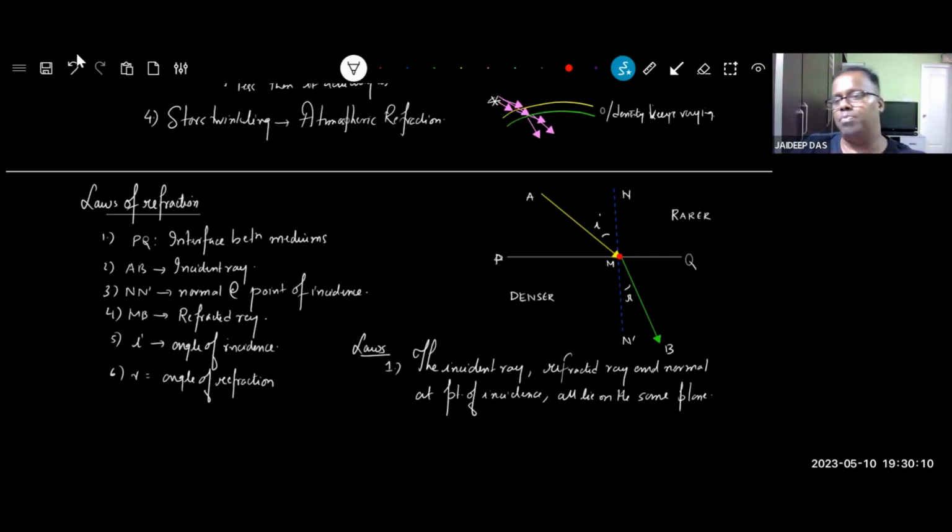Is this much clear? Right. The incident ray, the refracted ray, and the normal at the point of incidence all lie on the same plane. This is just like how we have studied for laws of reflection. It is the same type of law.